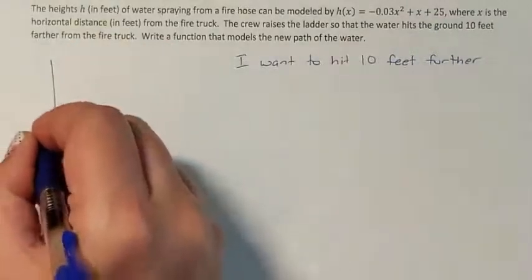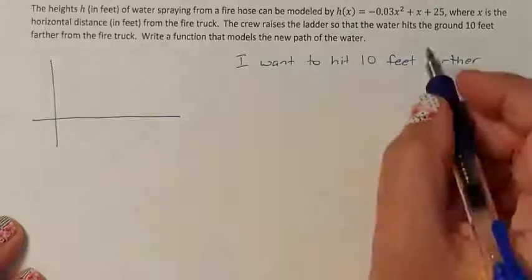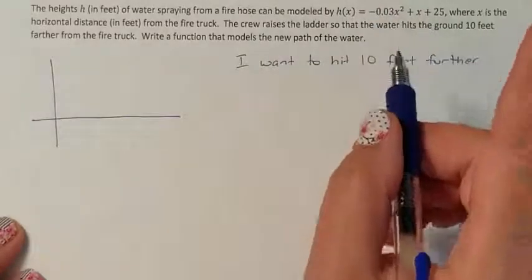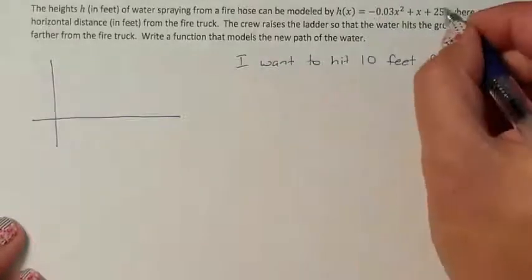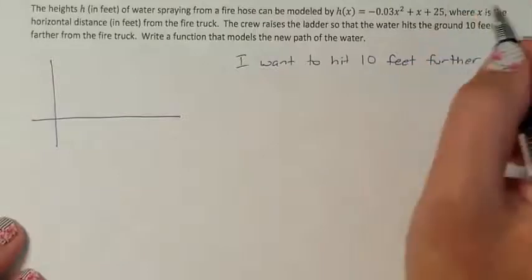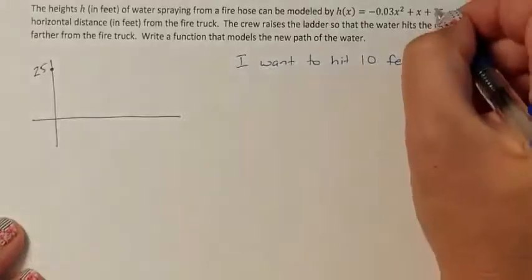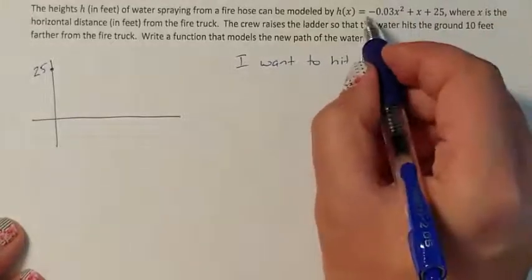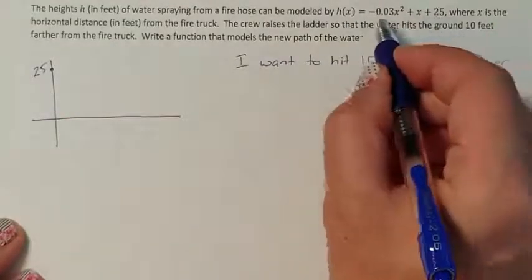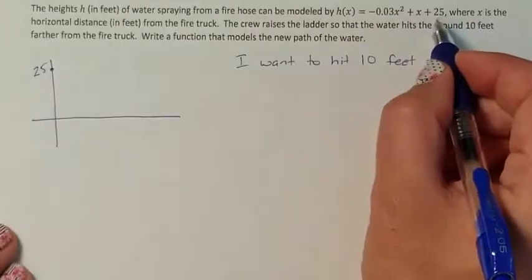So here is our XY axis. I can see using my Algebra 1 skills, this is the y-intercept. So I know it's an intercept right here at 25 because C was 25. I'm going to type this into Desmos to see the rest of it so I know where to graph it.